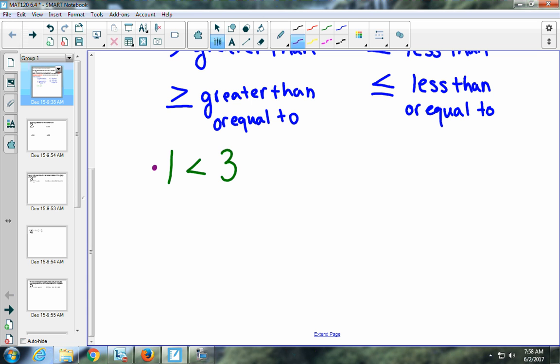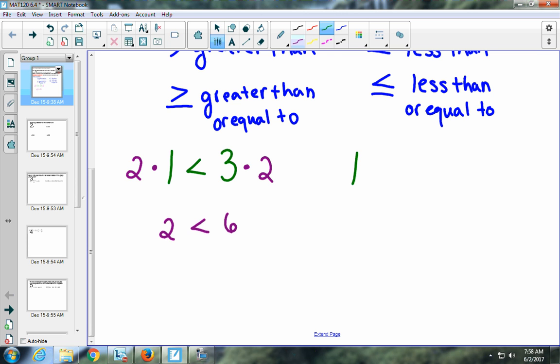So say that I multiply both sides by 2. If I do that, 2 times 1 gives me 2, 3 times 2 gives me 6, and if I bring down my less than symbol, I still have a true statement. 2 is less than 6.